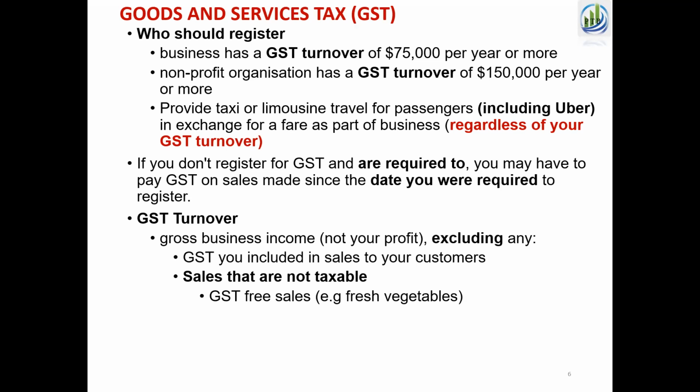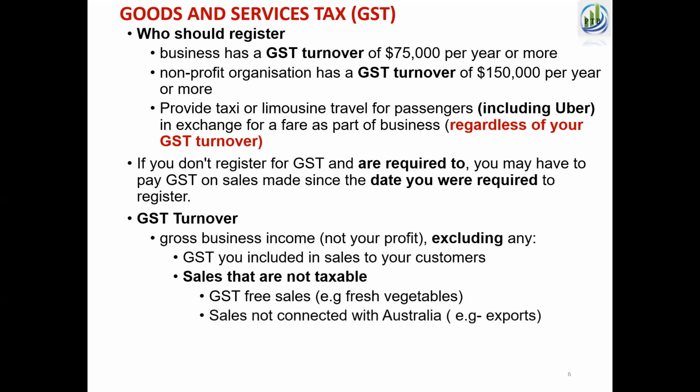Your GST turnover is zero. Therefore, farmers are not going to register for GST because their GST turnover is always zero, because they are not selling any GST applicable product. If they're selling applicable product, we can calculate. So that's the way GST turnover works, right?